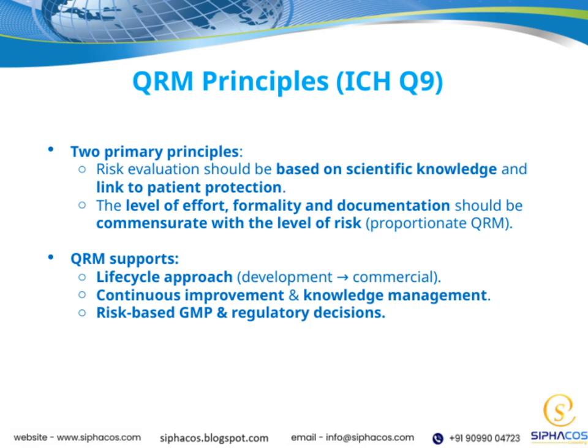Second, the level of effort, the formality of our processes, and the documentation we produce should be proportional to the level of risk involved. In other words, higher risks require more thorough analysis and documentation, while lower risks can be managed with a lighter touch. This concept is often called proportionate QRM or quality risk management.